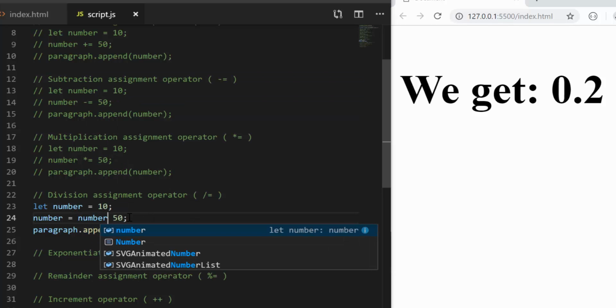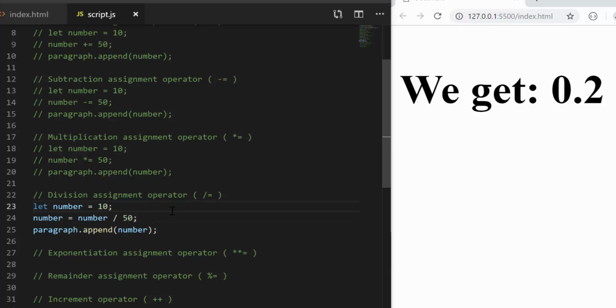The same thing as if I wrote number divided by 50. So this is correct. I believe by now you get the idea. Whatever symbol you would write here, you just remove this, and this switches its place to come in front of the equal sign. All right, so always keep this in mind.